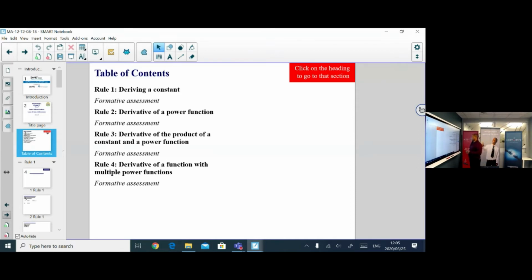We'll also have the derivative of multiple power functions. All this comes with our interactive formal assessment that will be formative, and it will also tie together any loose ends we might have in approaching our calculus. So feel free to join in those formative assessments.